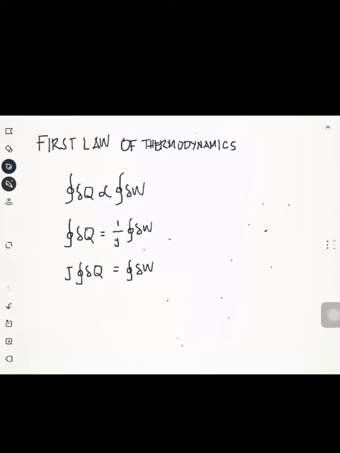So in a system undergoing a process, or undergoing a cycle, meaning you have our PV diagram.